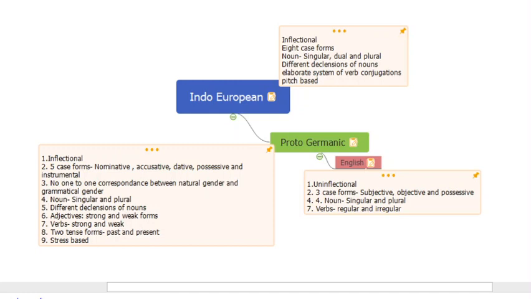So, verbs which indicate the change of tense by a change in the vowel, as in the example, ride, rode, and ridden, there is a change of the vowel to indicate the change of tense. These are called strong verbs. So, what are weak verbs? Weak verbs are those verbs in which the change of tense was marked by adding an inflection like ed or d.